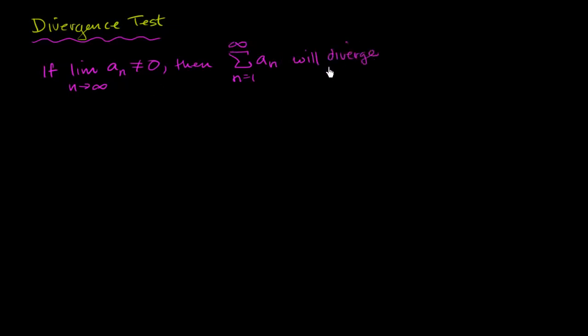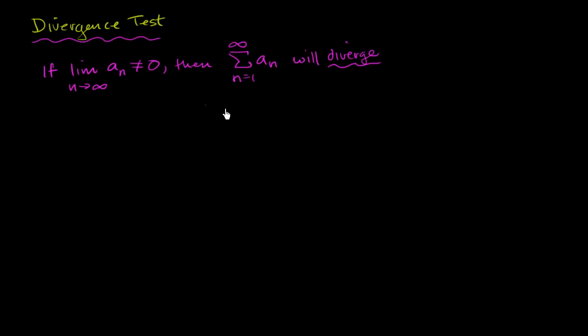And we've already gone through what it means to diverge, that this sum is either going to go unbounded to positive infinity or unbounded to negative infinity, or it'll just oscillate between values. It'll never really approach a given sum or a given value. So that's what the divergence test tells us.